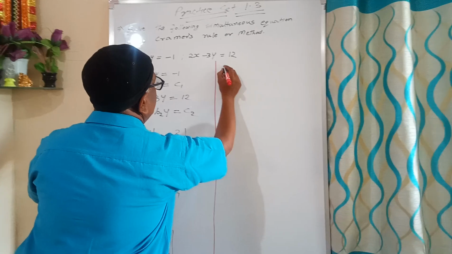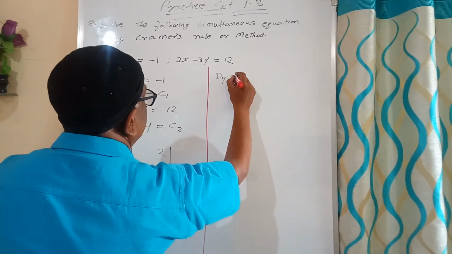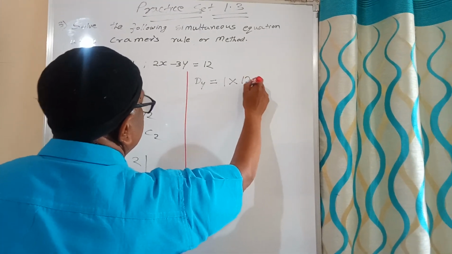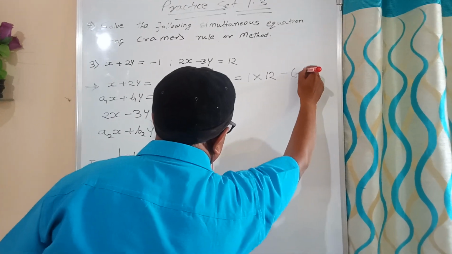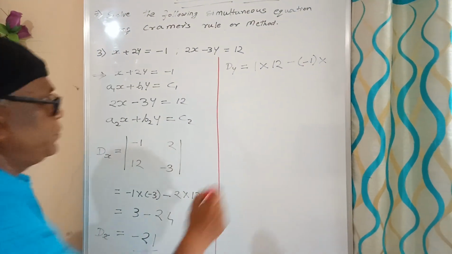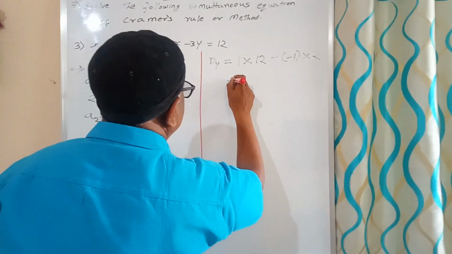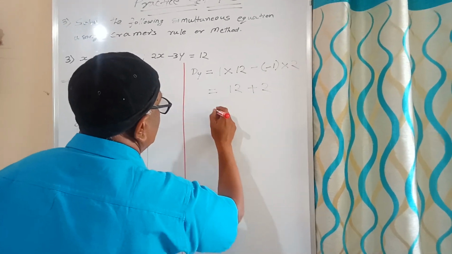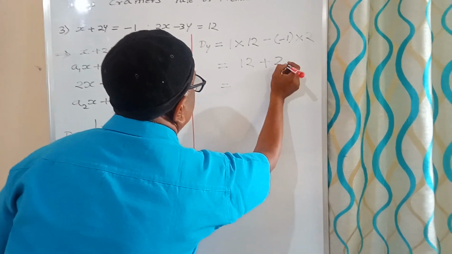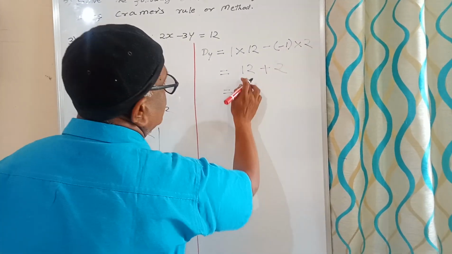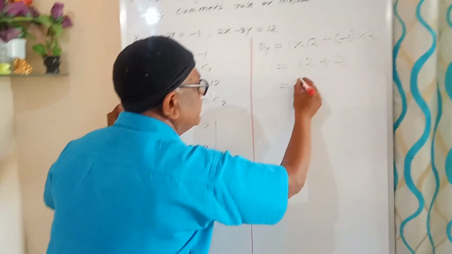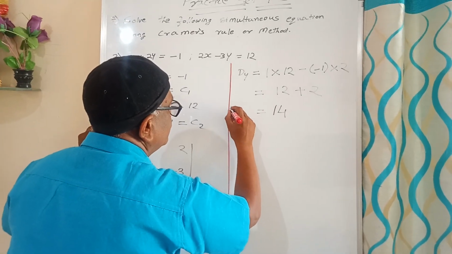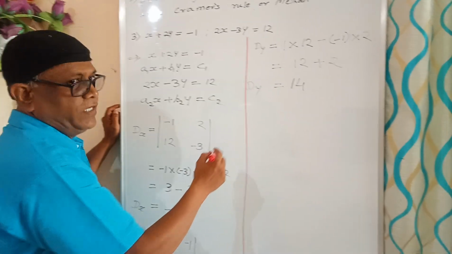Now Dy is equal to 1 into 12 minus, in bracket, minus 1 into 2, which is equal to 1 twelve is 12, minus into minus is plus, this 2, so 12 plus 2, that is 14. So Dy is equal to 14.